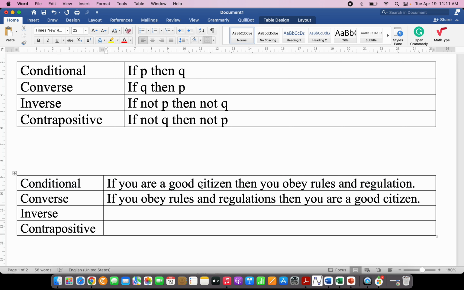Dito, you are a good citizen. What is the negation of a good citizen? Bad, not necessarily bad, yes, but we can actually make it not good citizen, right? Sometimes we do not have to use the word bad actually.